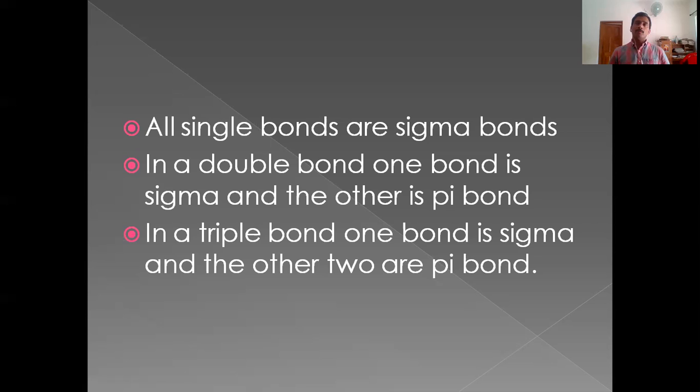But we know when these orbitals overlap, a bond will form. For the formation of a bond, 2 electrons are needed. Bonded pair, you have studied it. One electron will be present in one of the orbitals and the other electron in the next orbital.